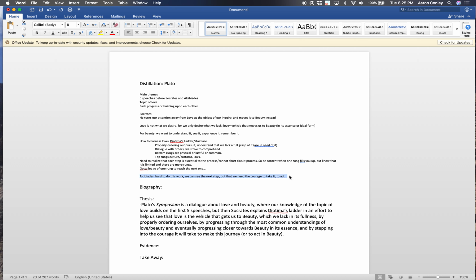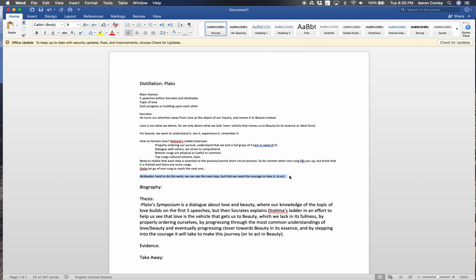One of the things that Alcibiades keeps going back and forth in his speech about is this vacillation between coming to the end of one rung, and in his case, it's a physical infatuation with one body, that is Socrates, and seeing in Socrates something more, something desirable that he wants as well.